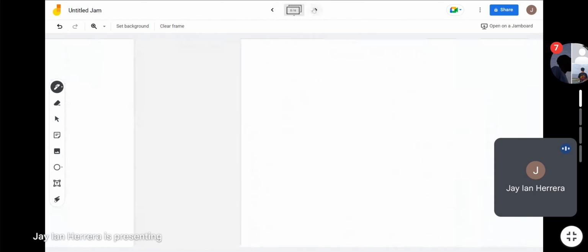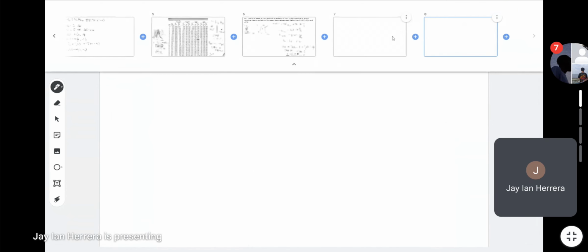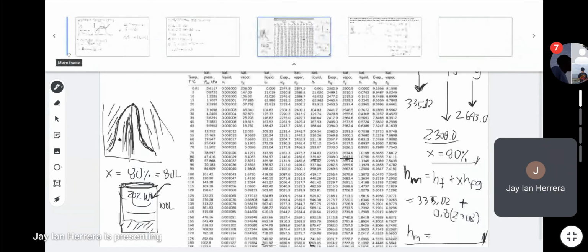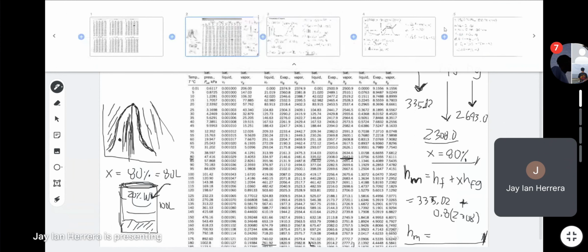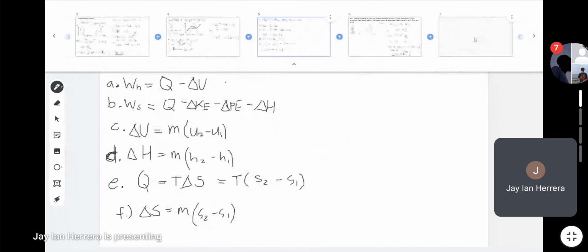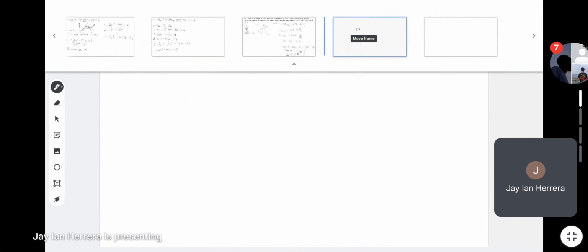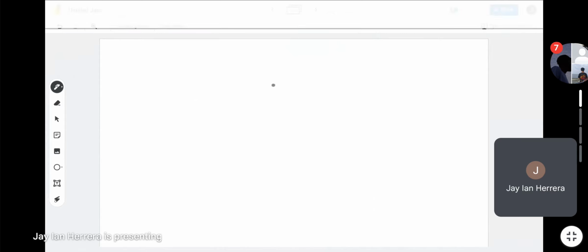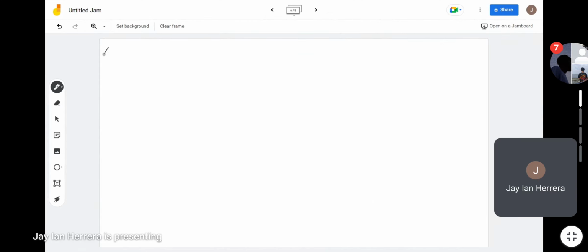Lastly, our isentropic or adiabatic process.